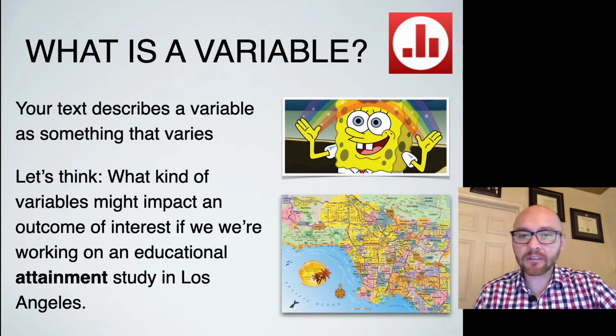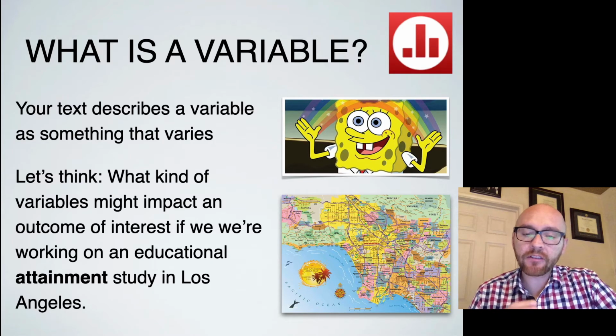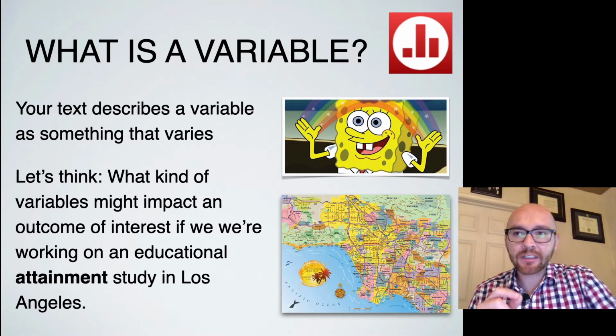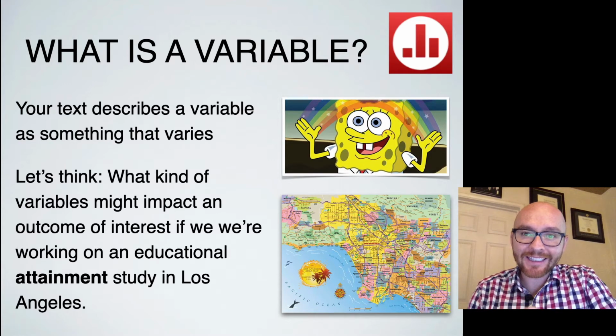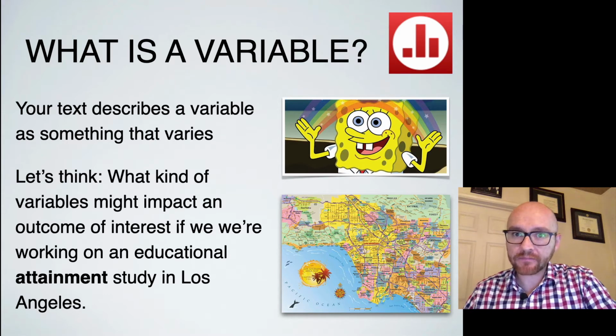So in this example I have here, educational outcome or attainment in the Los Angeles area, if that was our DV of interest, right? How would I state this? If educational attainment is our variable of interest, the variables in that study would be anything we think that impacts educational attainment, right?